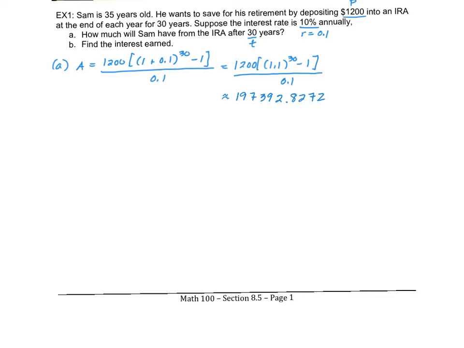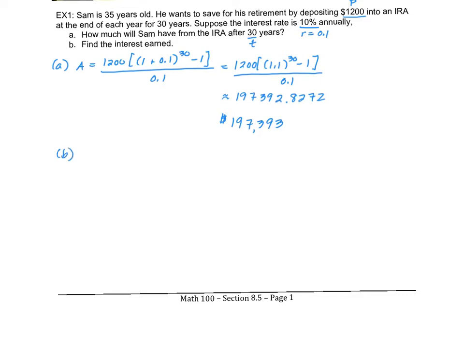So I'm just going to round this to 197,393. I'm going to round it to the nearest whole number because that's how the information was given to me. And then it would be approximately $197,393. That was part A.